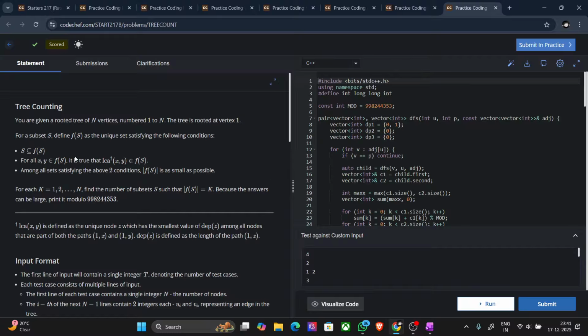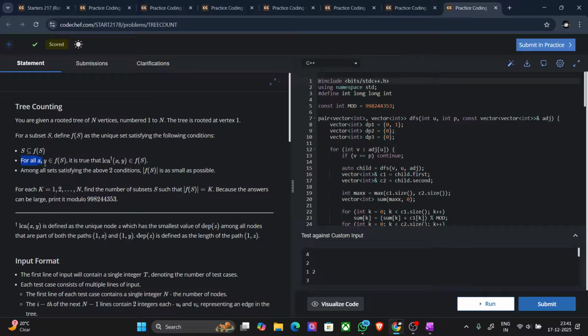okay. So in this problem, you are given a rooted tree of n vertices numbered from 1 to n. The tree is rooted at vertex 1. For a subset S, define Fs as the unique set satisfying the following conditions. S is a subset of Fs.